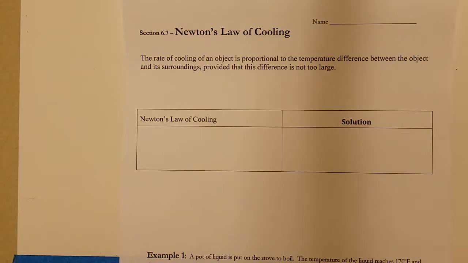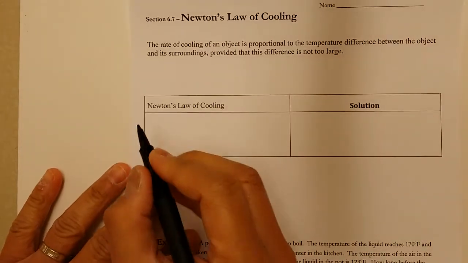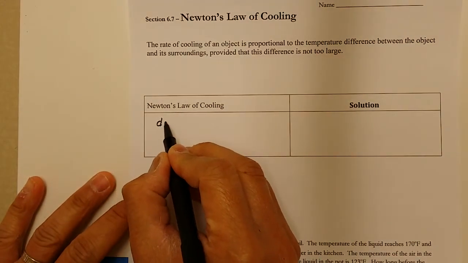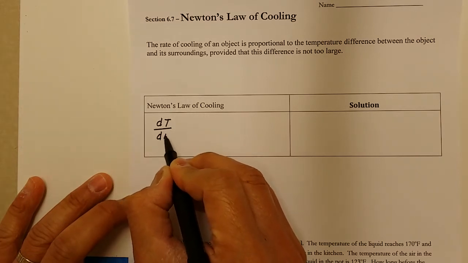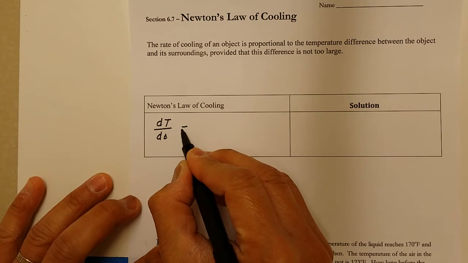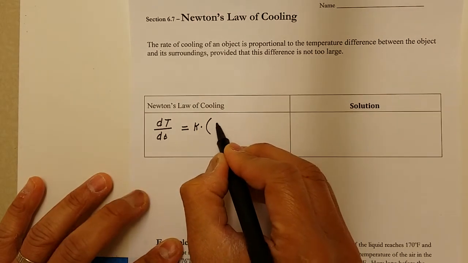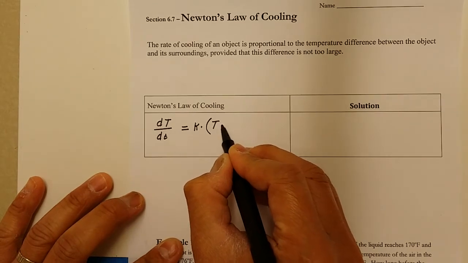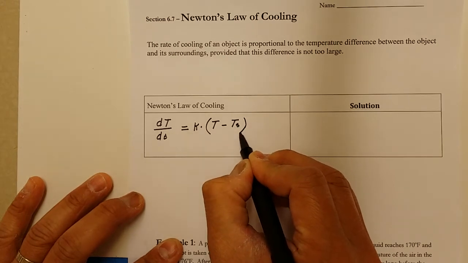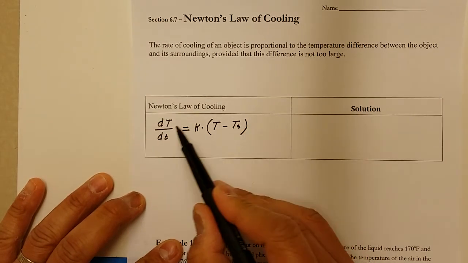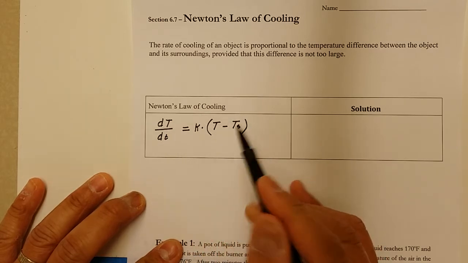The way Newton's law of cooling works is that the change in the temperature with respect to the change in time equals some constant times the temperature minus the surrounding temperature. This is the differential equation that describes the rate at which the temperature is changing.